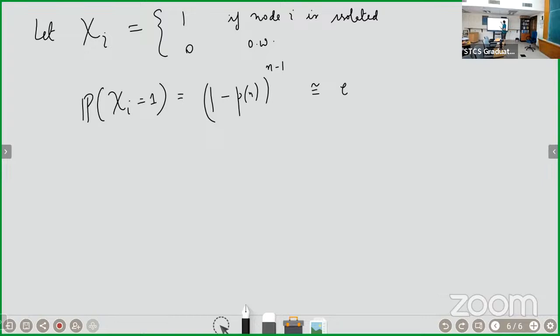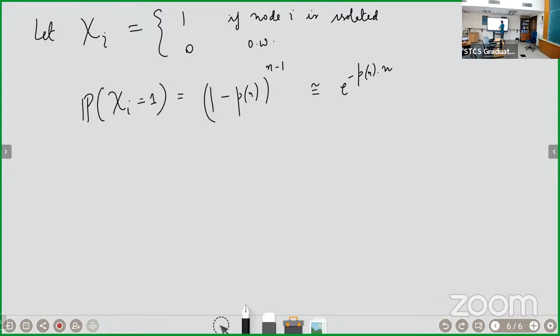That p of n is small, so 1 minus x to the power n is approximated by an exponential. In the limit, yeah, everything is a large number.